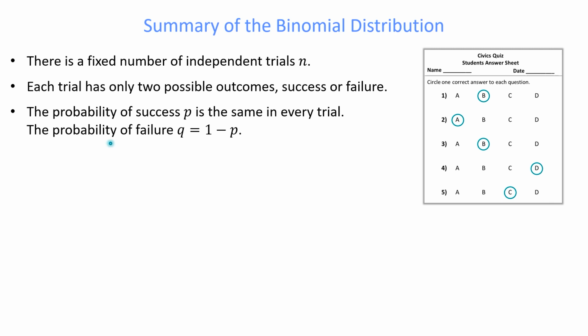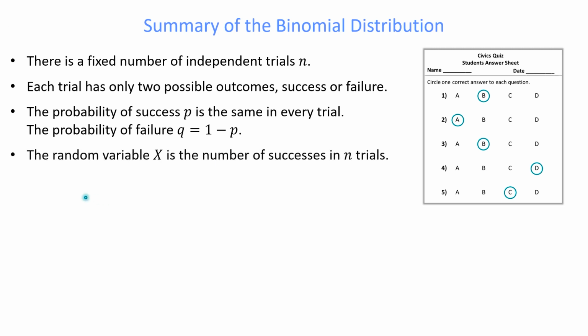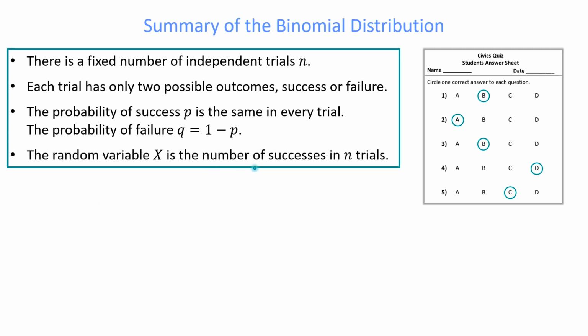And the probability of failure, q, is equal to 1 minus the probability of success. Now, the random variable x is the number of successes in n trials. So in this example, a success would be getting a correct answer. So we could get 0 correct answers, or 1 correct answer, or 2, 3, 4, or 5 correct answers.